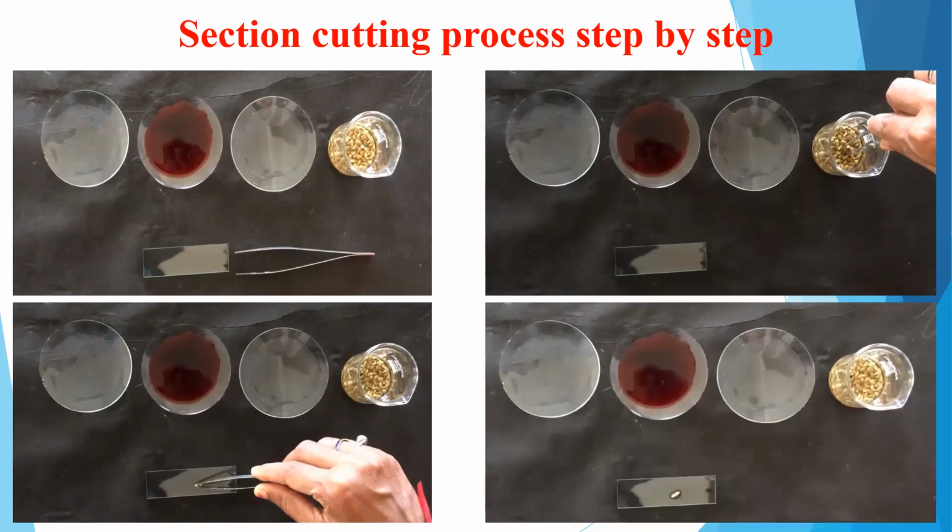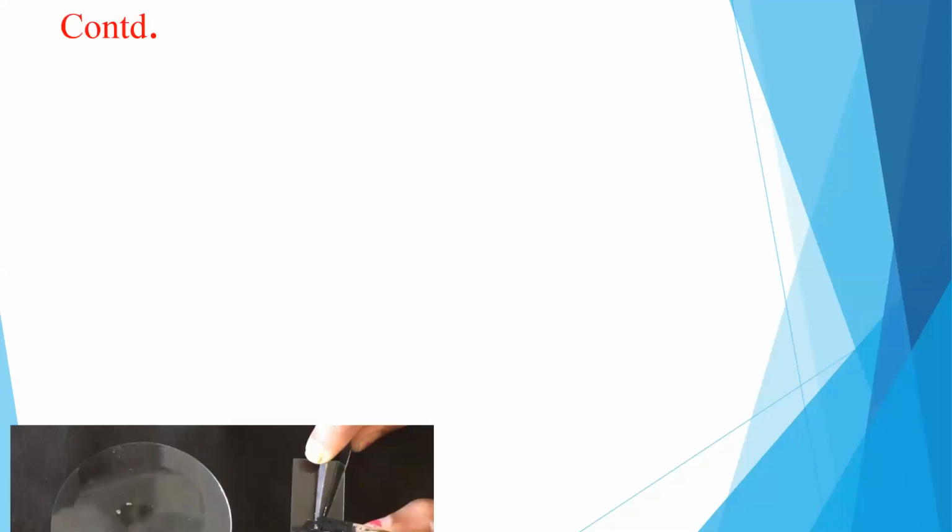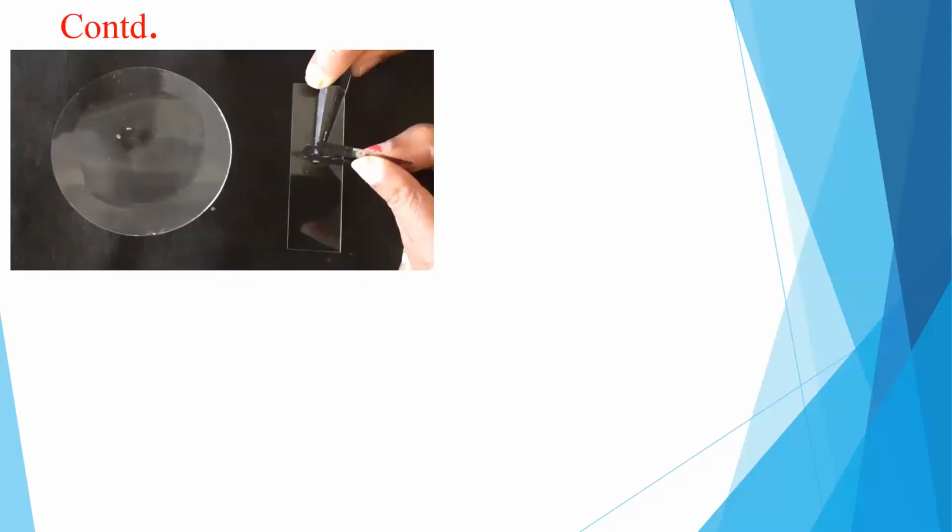Now those fennel fruit are laid down on the microscopic slide. In the next process, on the microscopic slide, we have to cut the fennel fruit cross-sectionally or transverse sectionally with the help of a blade into thin portions.